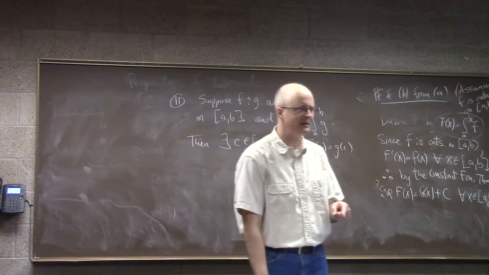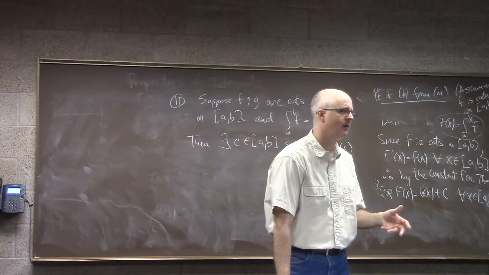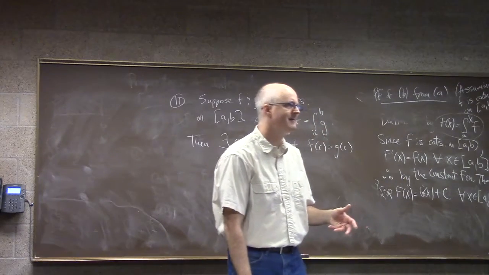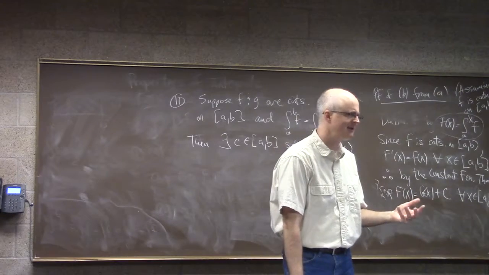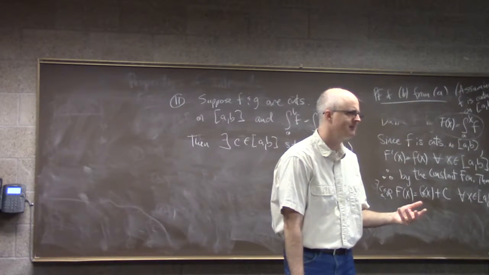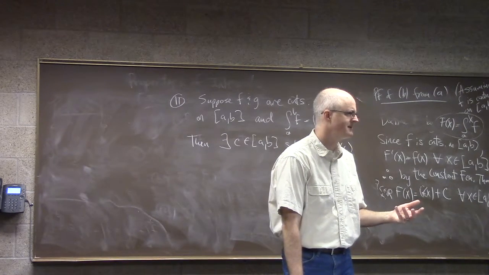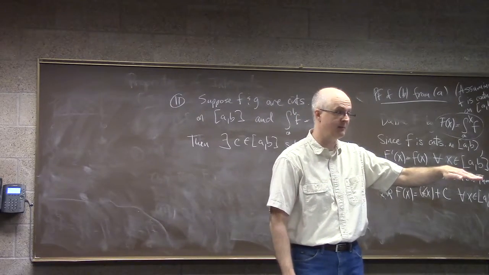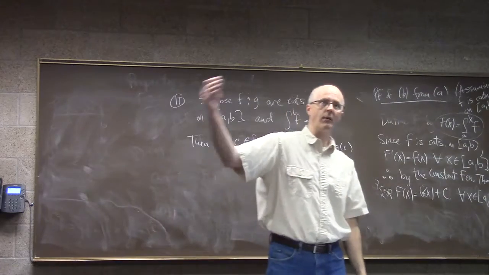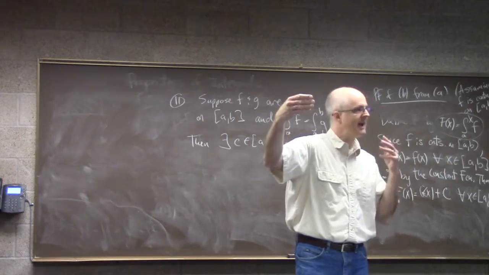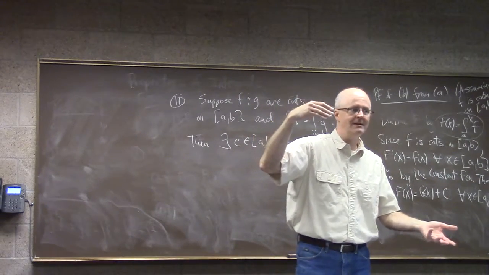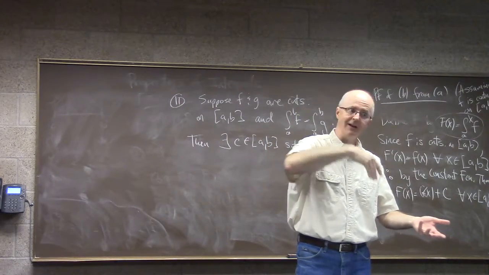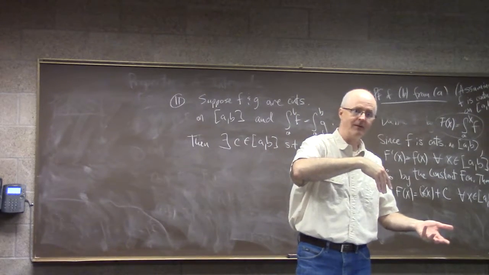If f is continuous and its integral is 0, then the function itself has to be 0 somewhere. Should make sense. If the integral is 0, the function could either be the constant function at 0, or it would have to be partially above the axis and partially below. If you think about the intermediate value theorem, it's got to cross somewhere.